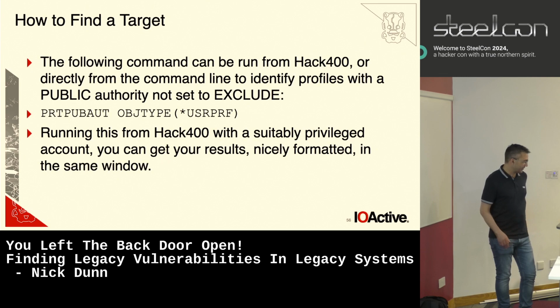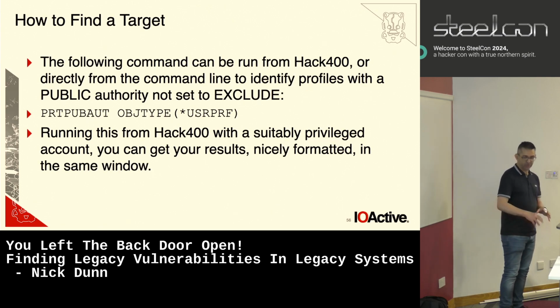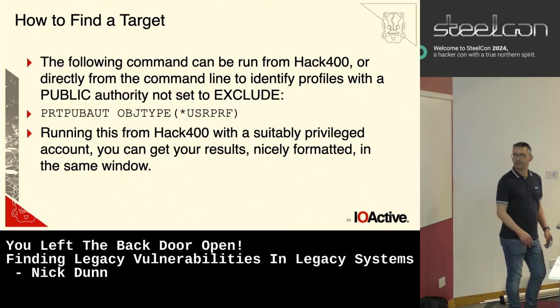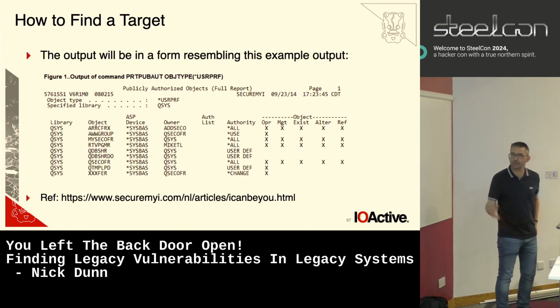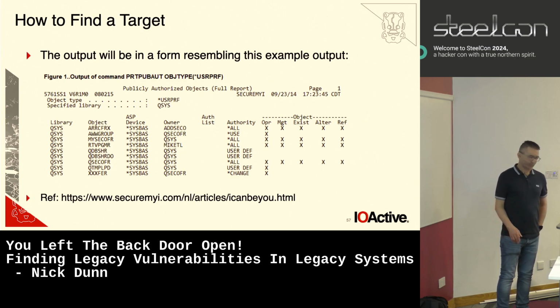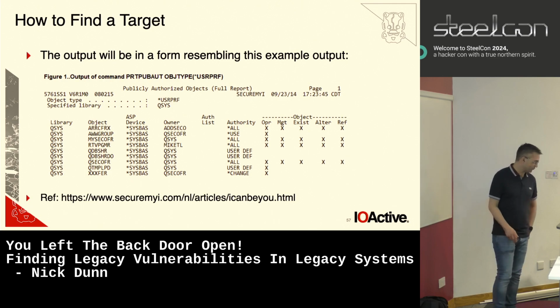And you do this with this command here. If you do it in the AS400 terminal, you will get it on multiple screens and go through some painful process of trying to learn the shortcut keys and screenshotting every page. If you do it in Hack 400, you get this nice sort of formatted thing here.